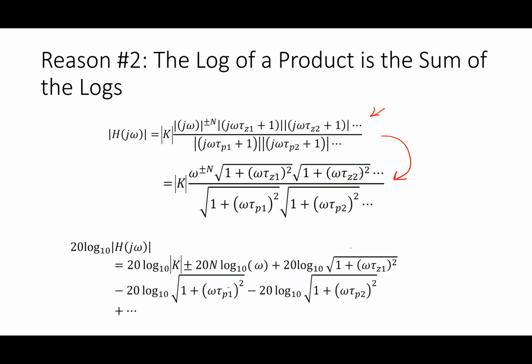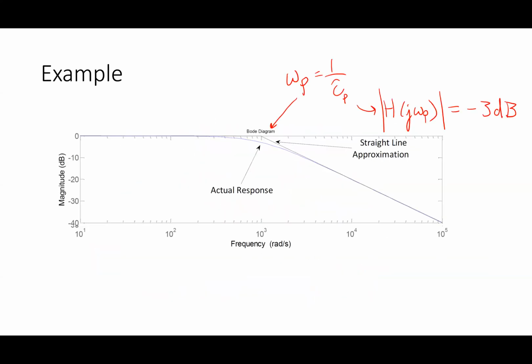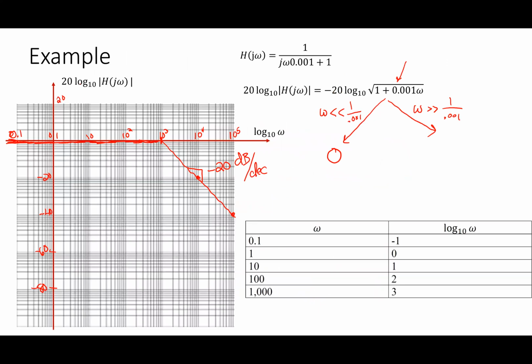Why would that be important to me? Without going into the details, why would that be important? Anybody know? Why would that be useful? You can analyze each individual component and you can add them up. So what we just showed is how to deal with one component, right?